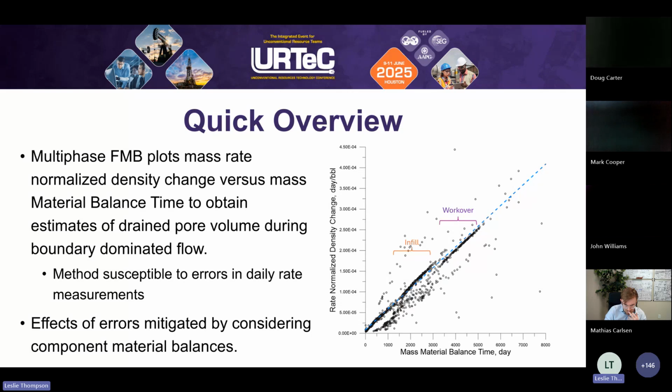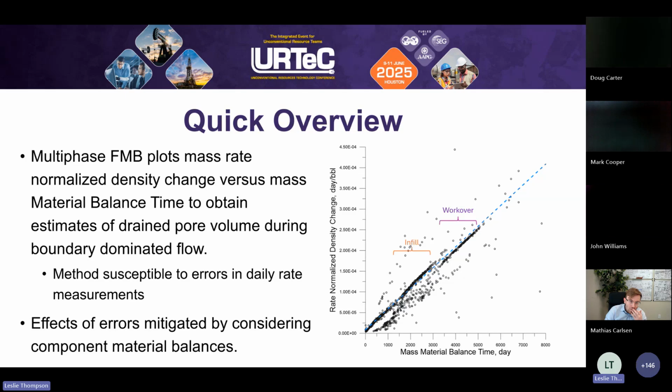That reservoir would be behaving like a tank, and for that tank, you could show analytically that if I made this plot, I would get a straight line with the slope as 1 over the pore volume, and the intercept would be 0. So it'd be going through the origin and would have exactly the correct slope.